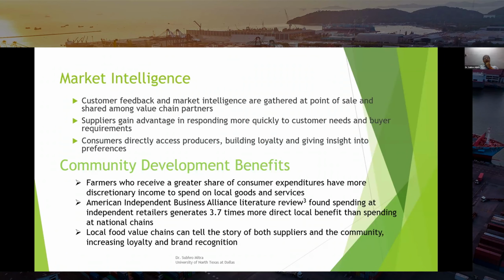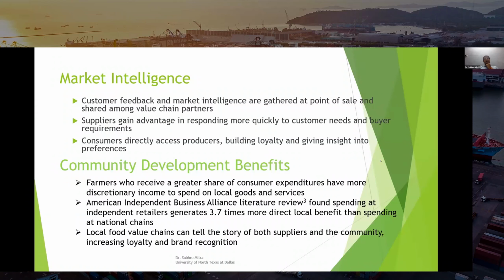The customer feedback and the market intelligence are gathered at the point of sales and shared among the value chain partners. So the knowledge is to be transmitted to the different players of the supply chain so that they can make better decisions.